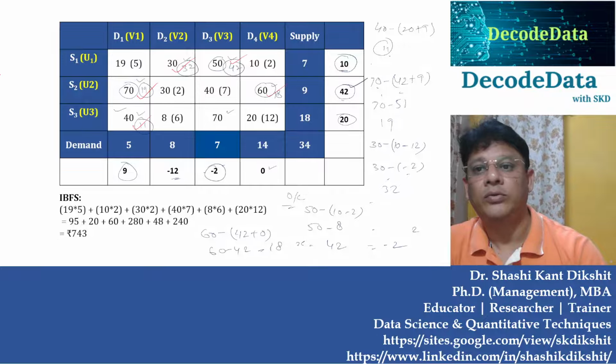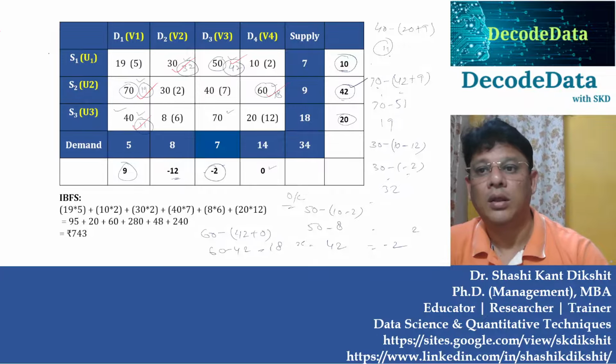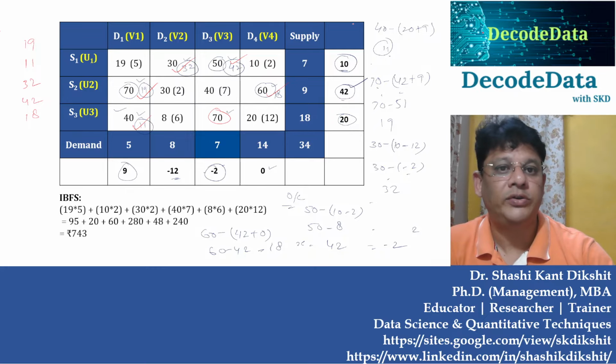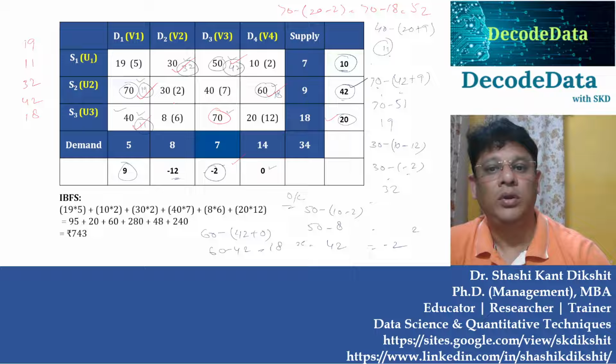Let me write. So this is basically 19, 11, 32, 42, 18, right? And let's do 70 also, right? So 70 minus 20 and minus 2. So 20 minus 2, that is 70 minus 18, that is 52. So this is 52.